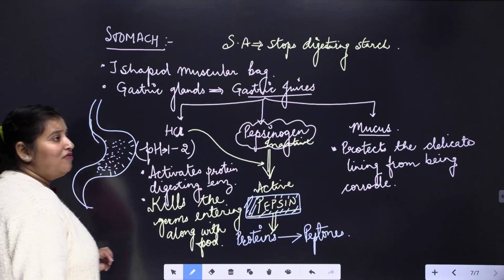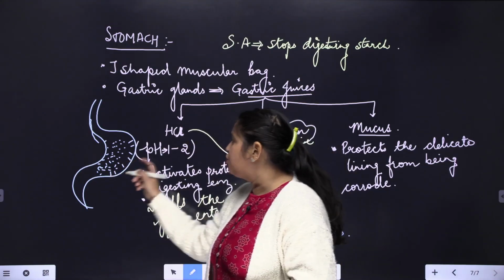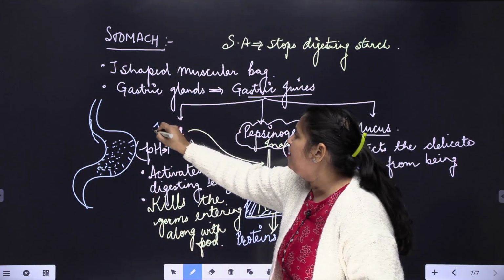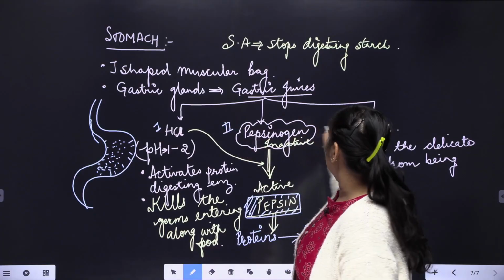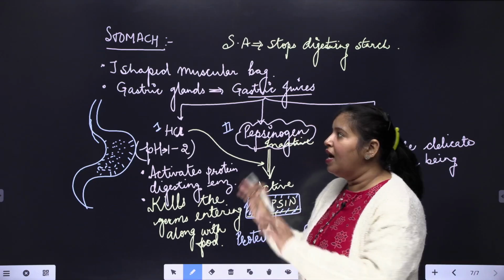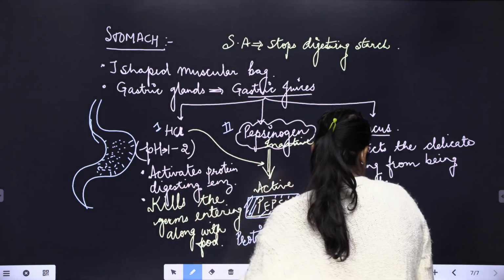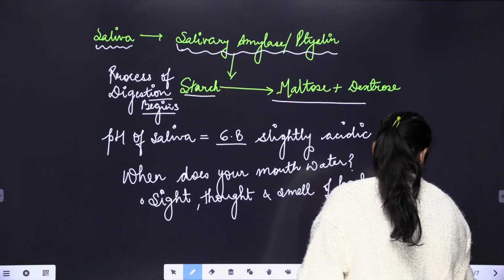So the cavity will contain the gastric juices, and these gastric juices contain the HCl, the pepsinogen, and the mucus. And what are their respective roles? I have discussed that in this slide. All right. Let's come back to the diagram of the human alimentary canal.